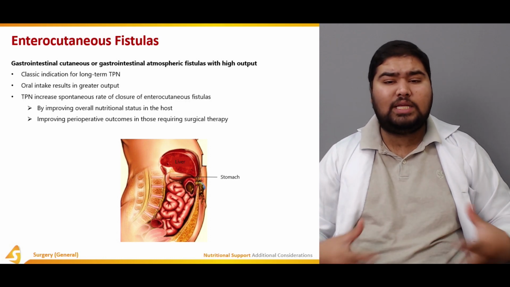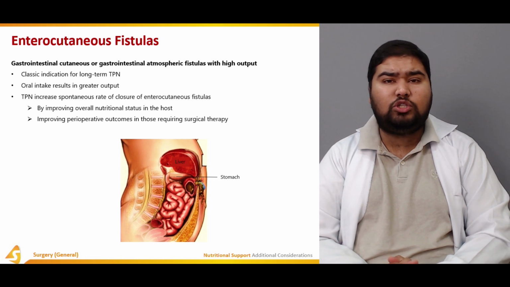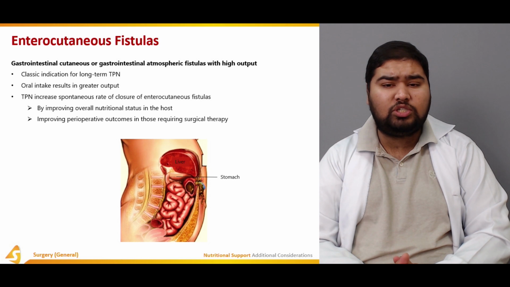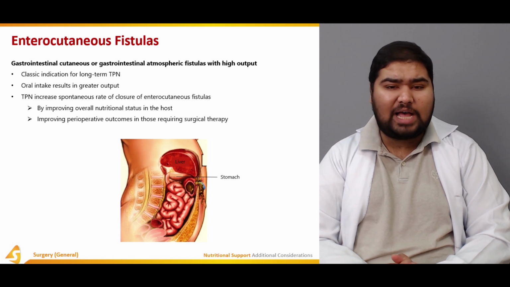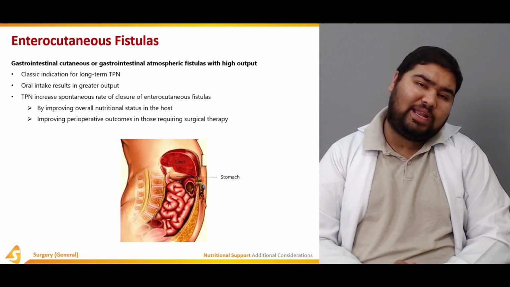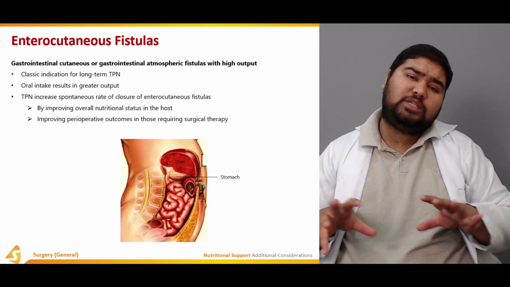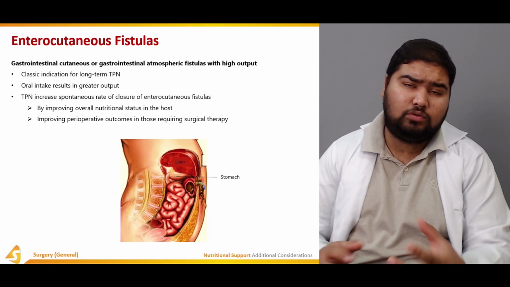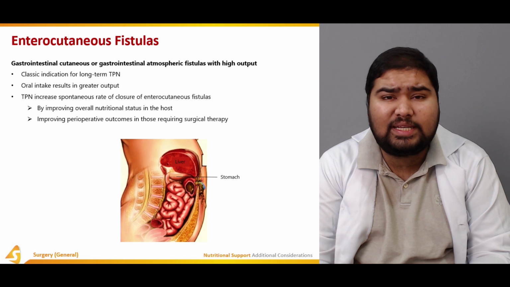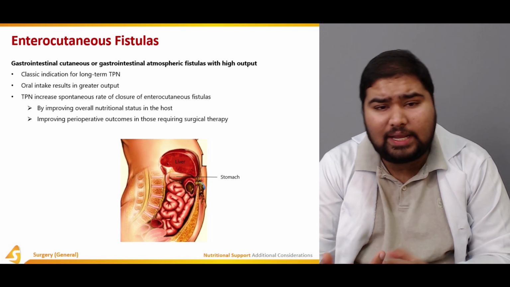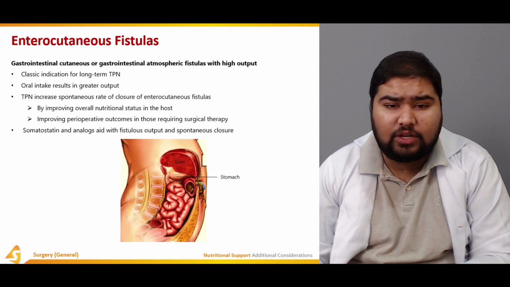Now, TPN increases the spontaneous rate of closure of the enterocutaneous fistula by improving the overall nutrition status in the host as well as improving the perioperative outcomes in those that require surgery. So TPN actually gives a rest to the gastrointestinal tract, as a result of which it can heal itself and heal the enterocutaneous fistulas.